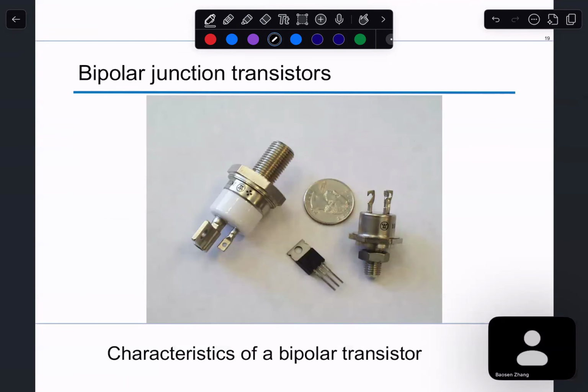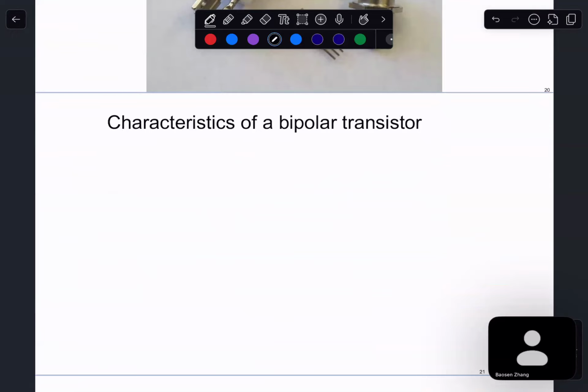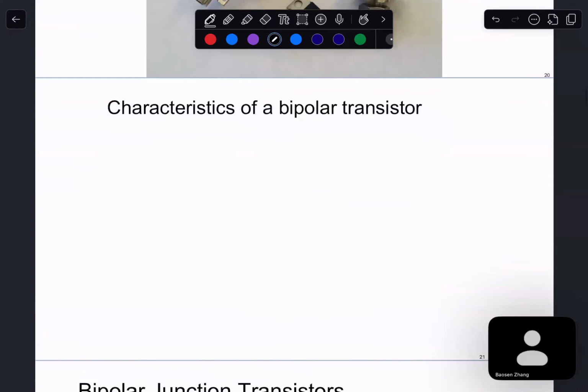Now, bipolar transistors are fairly big devices. They're very robust, and they can take a lot of power and current. The characteristic of a bipolar transistor is, without going into too much detail, that it is just a current control switch.